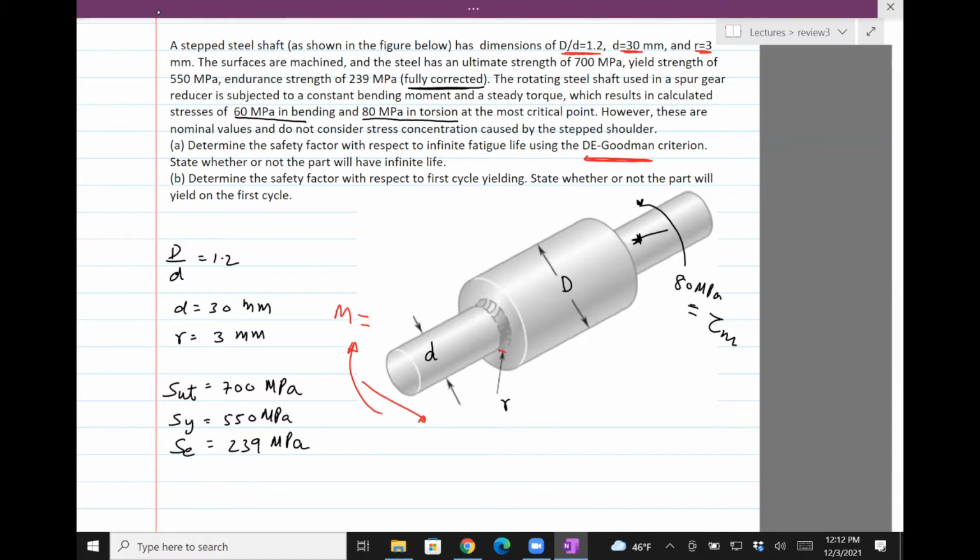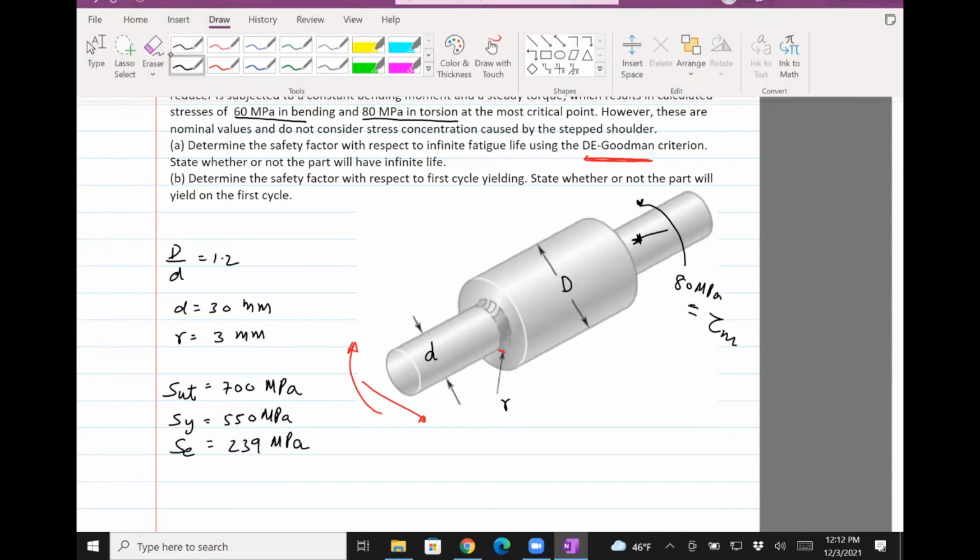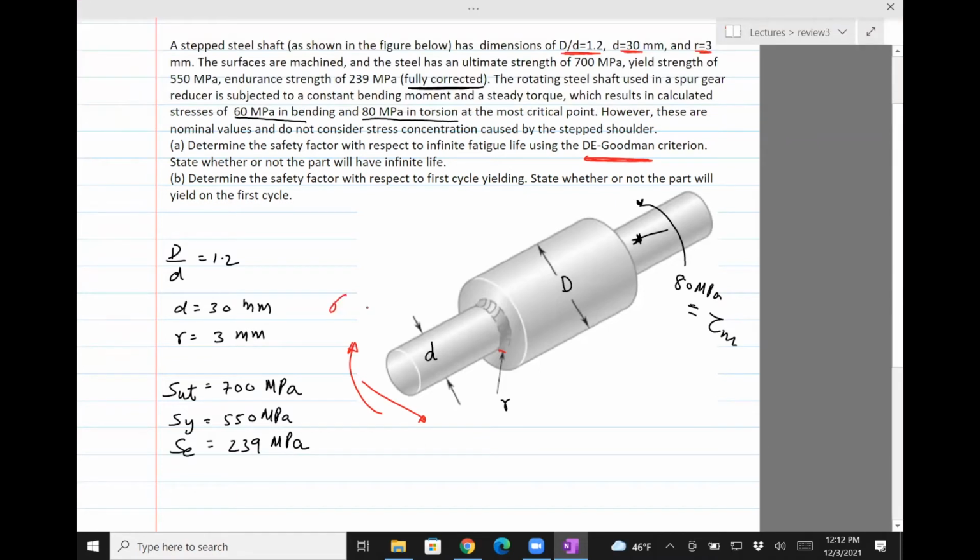Okay, so then it's also subjected to a bending moment, which leads to a stress sigma. This should be sigma, and that is 60 MPa. Now the question is, is it alternating stress or the constant stress sigma M? Even though sigma is constant, you're told that it's a steady, constant bending moment.